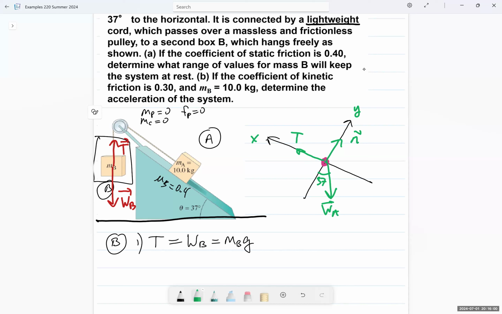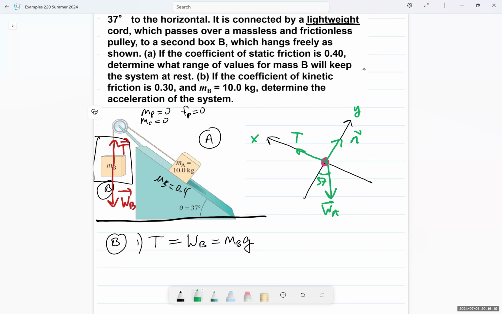Now, the direction of the friction will be dependent on which of these two, right? Let's say mass of A or mass of B. The idea is which of them is heavier.